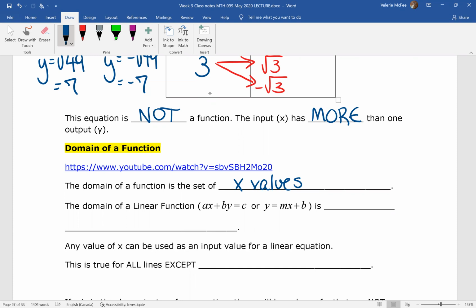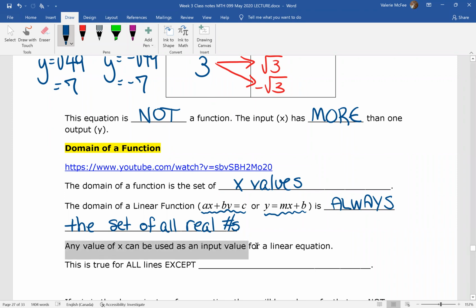Now, if we look at a linear equation in standard form or in slope-intercept form, the domain of a linear function is always the set of all real numbers.